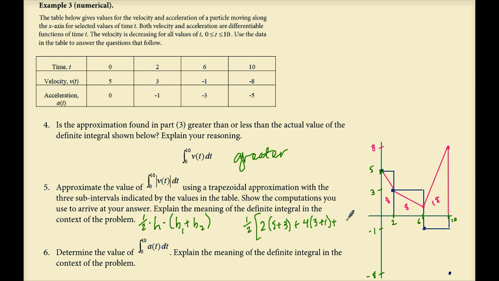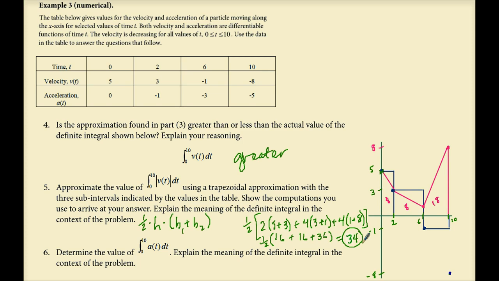The width of the third trapezoid is 4, the bases 1 and 8. So this will be 16 plus 16 plus 36, and then we'll take half of that sum. That's going to be 34. This is an approximation of the total distance traveled by the particle.